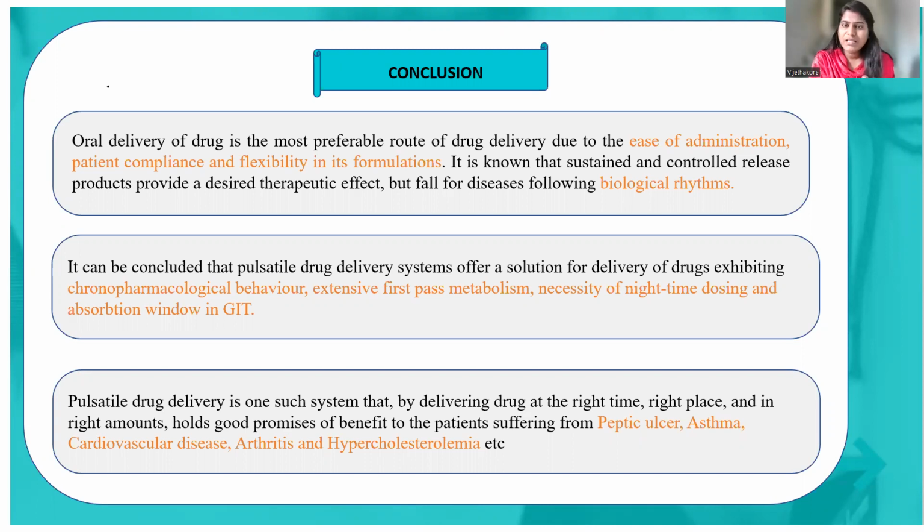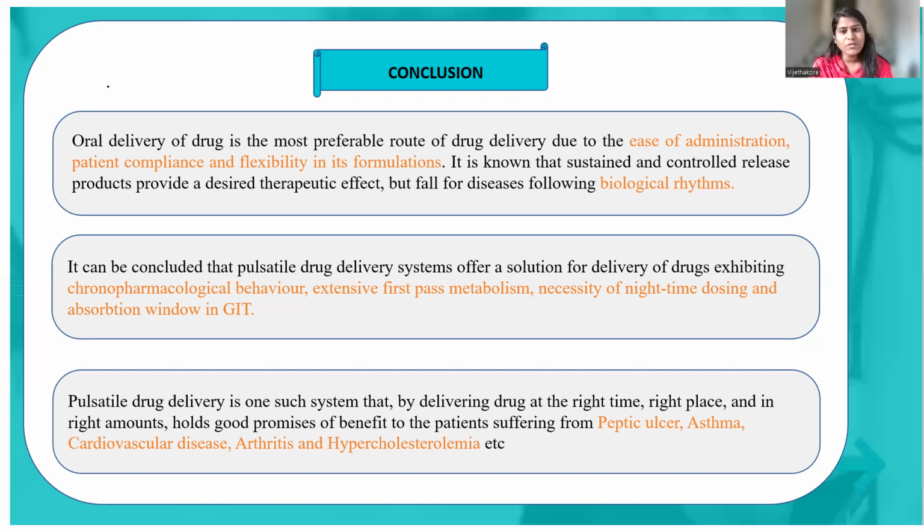We have sustained and controlled release formulations to provide the desired therapeutic effect, but for diseases which follow biological rhythms, pulsatile drug delivery is the best one, because there is no need of the drug during some periods of time. We need the drug at the right time. We don't need the drug released at a constant, continuous flow. We just need the drug when it is required. So for diseases which follow biological or circadian rhythms, a pulsatile drug delivery system is best suited.